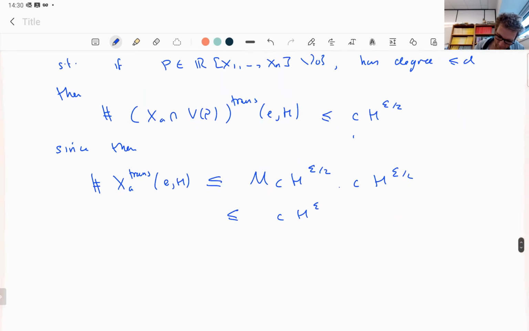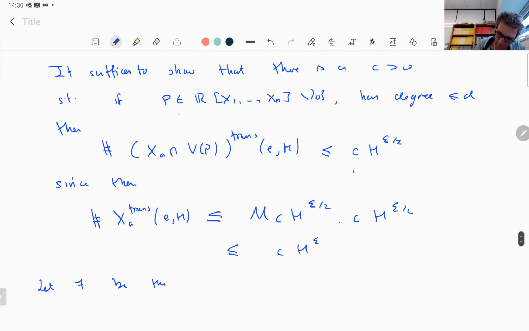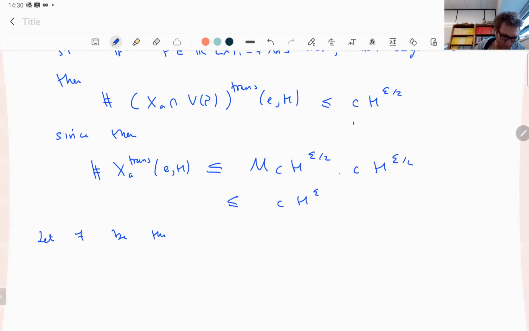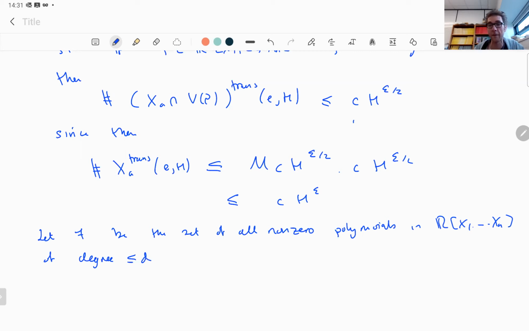Okay, so to do it, let F be the set of all of these P's. So let F be the set of all non-zero polynomials in n variables of degree at most d, considered as a definable set.